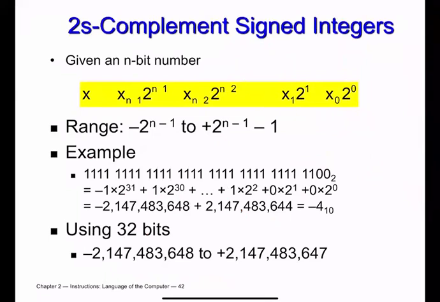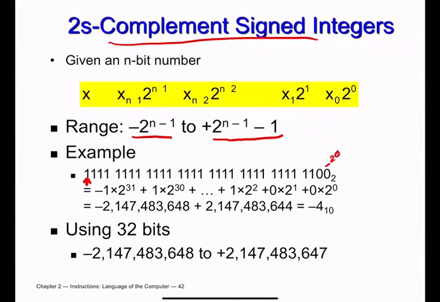Another important thing that I would like to remind you about, and I'm assuming this has been covered in an earlier course, is two's complement signed integers. Instead of ranging from 0 to 2 to the power of n minus 1, it goes from minus 2 to the power of n minus 1 to 2 to the power of n minus 1 minus 1. This looks the same as what I mentioned in the previous slides. The only difference is with the last, or most significant, bit.